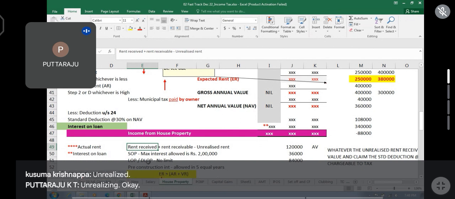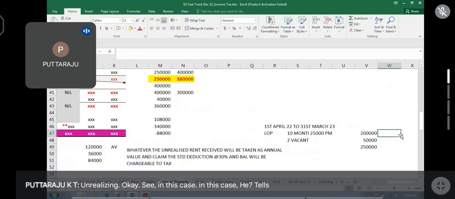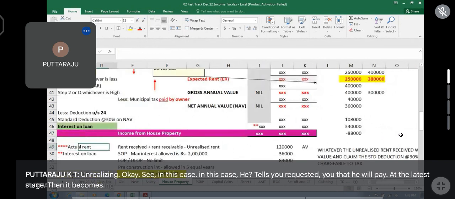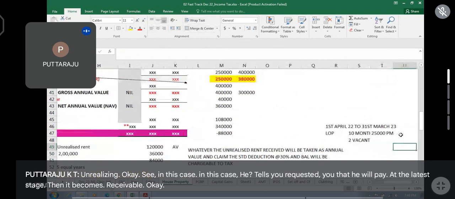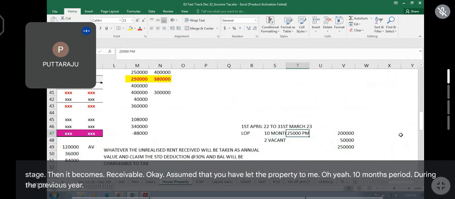See, in this case, he requested that he will pay at a later stage. Then it becomes receivable. Assume that you have let the property to me for a 10 months period during the previous year. I stayed for 10 months, but I only paid the rent for 2 months.